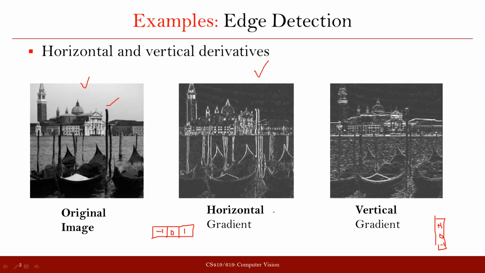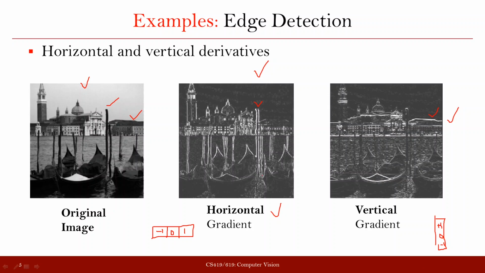So when you are computing the horizontal gradient, that is prominently visible here. Right? And similarly, all the pixels in the given image where you had horizontal edges, those edges are visible in vertical gradient, because the direction of the gradient is always perpendicular to the direction of the edge. For example, you see here you have a horizontal edge, and that is visible here in case of vertical gradient.